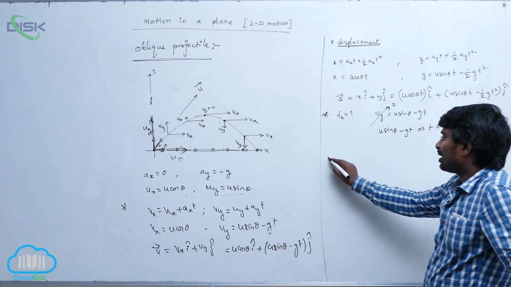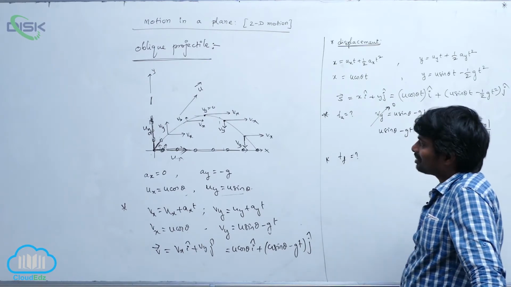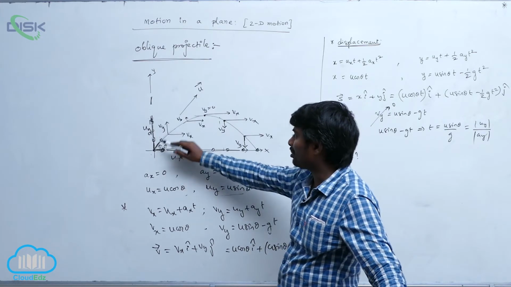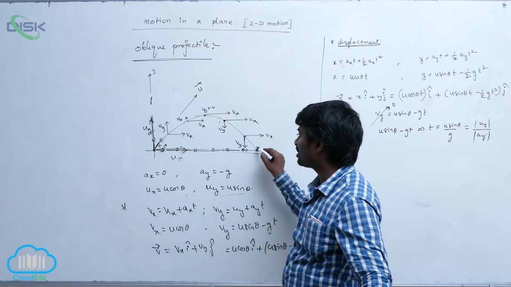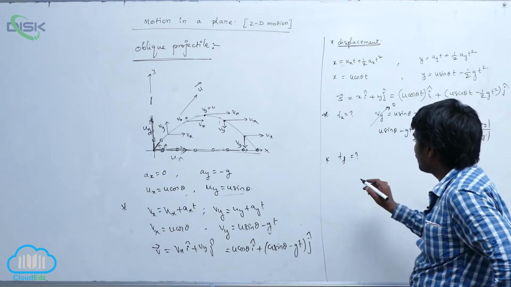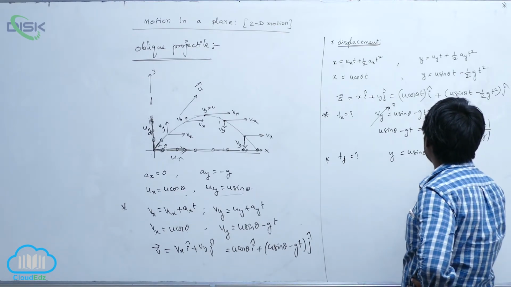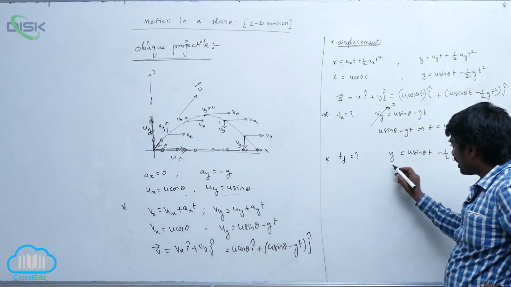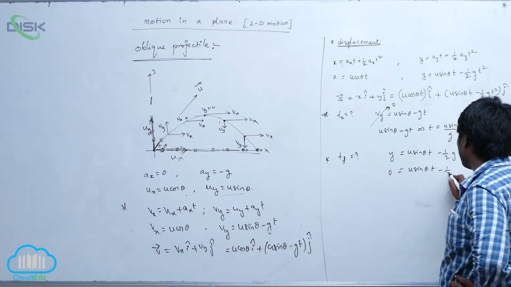Now time of flight. Time of flight means from here to here. In this time of flight, it has only x displacement, but the y displacement is equal to 0. That means the y displacement formula is this: y is equal to u sin theta t minus half g t square. For time of flight, y is 0. So u sin theta t minus half g t square equals 0.